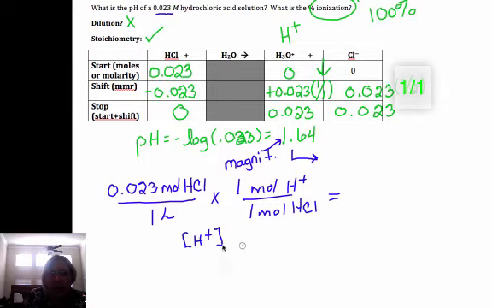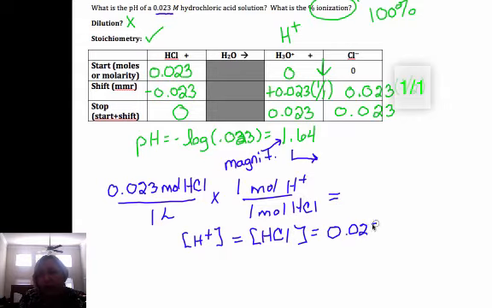Or, honestly, in this case, I would accept this. This tells me you recognize that there's a 1-to-1 mole ratio here. So, for me, that would be enough work, and it's certainly a lot less than this up here. But pretty quickly, you're going to be relying on that SSS chart to get us into our equilibrium.